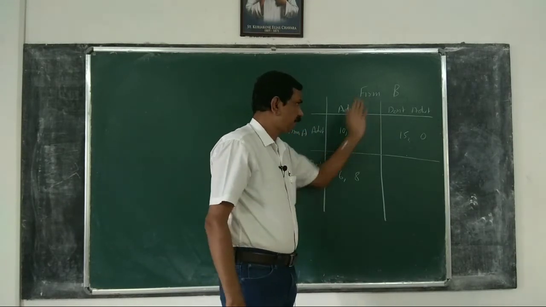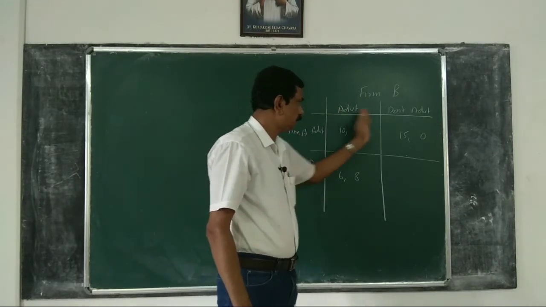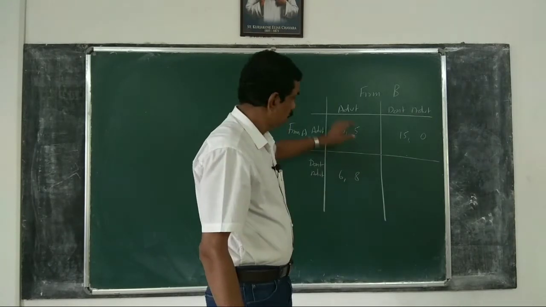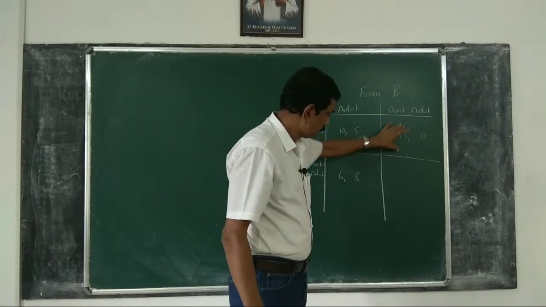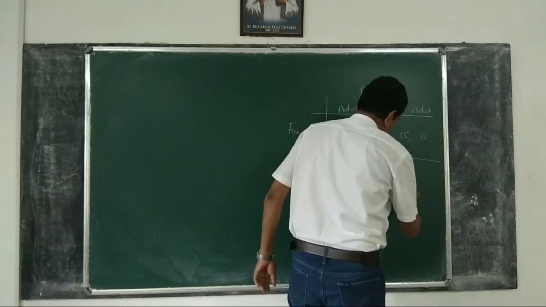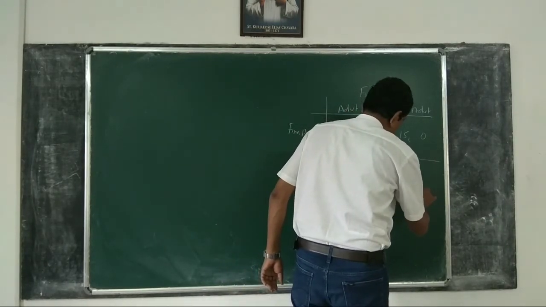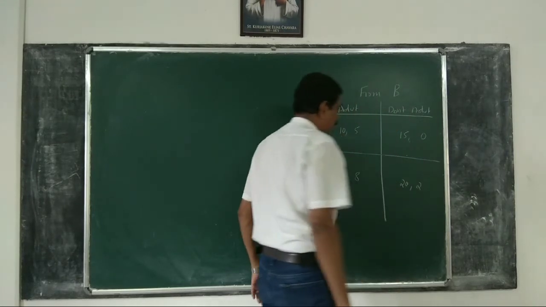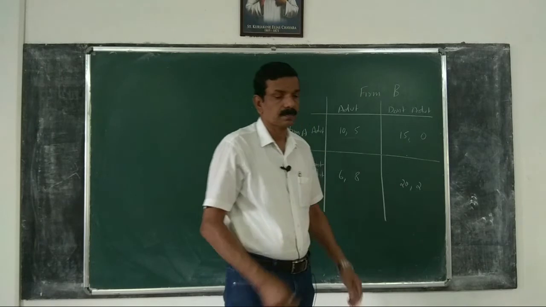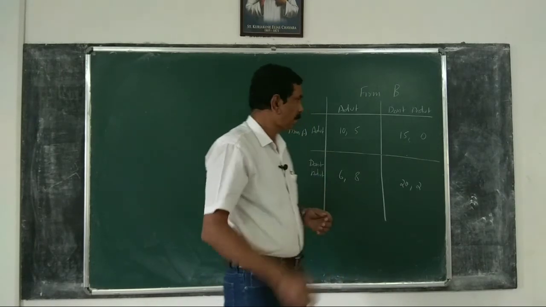Again, firms A and B, the strategies are advertise, don't advertise. The payoffs are the same, but I modify this as 22. Now let us see.